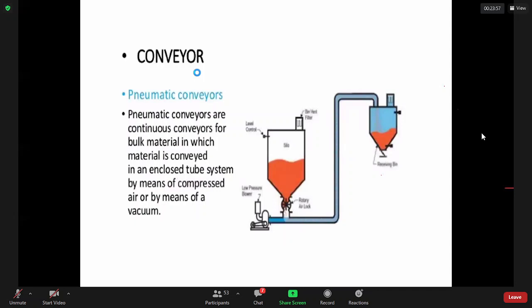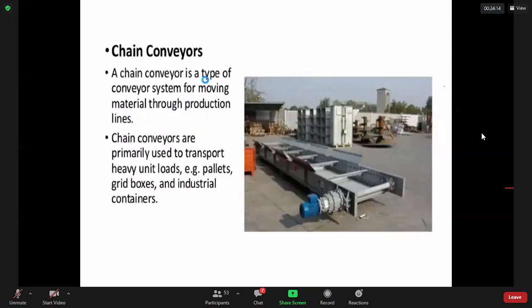These ones usually you meet them at the airport, in supermarkets, and all those places, the different types of conveyors. So we have also chain conveyors, bucket conveyors, and all those things.